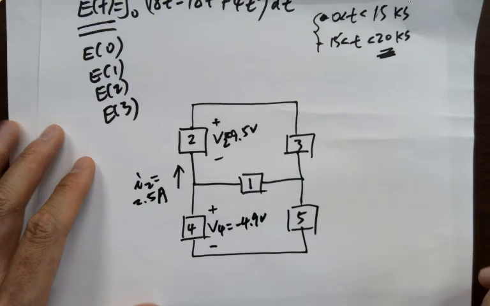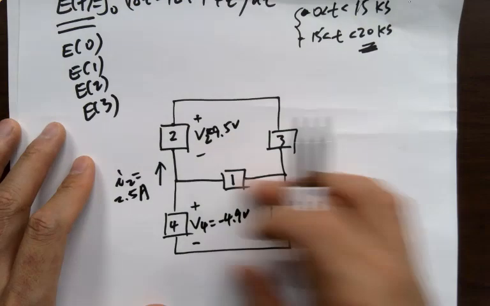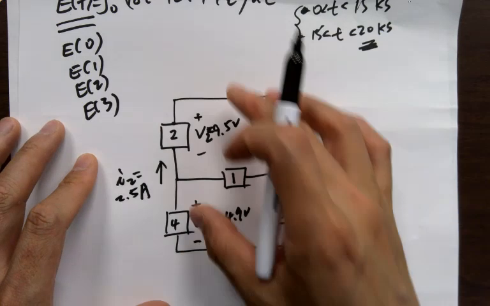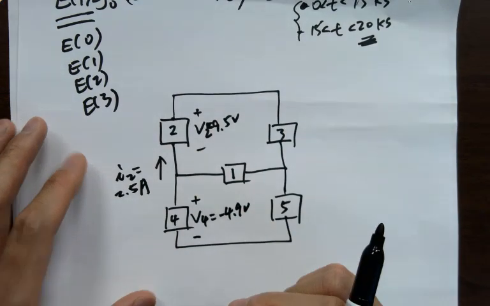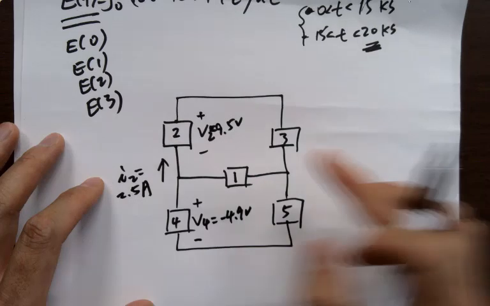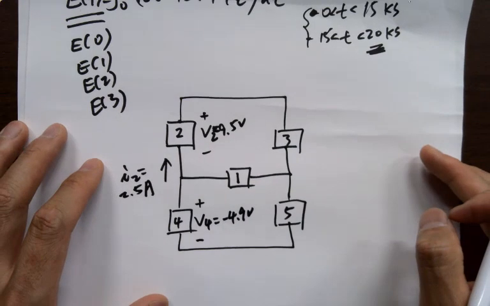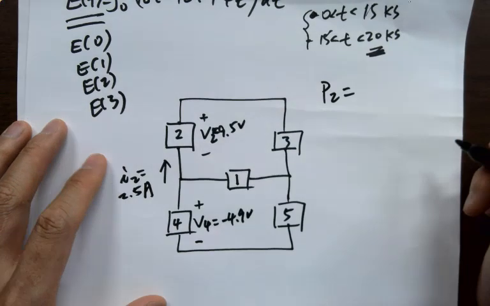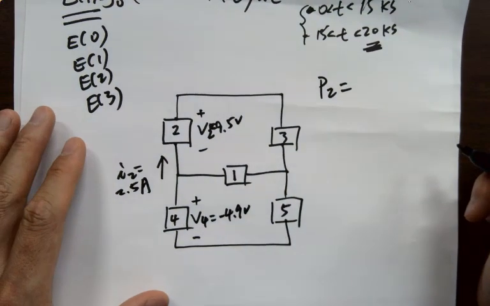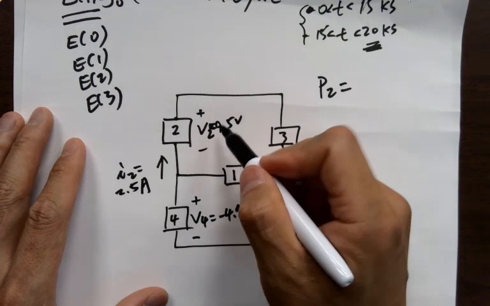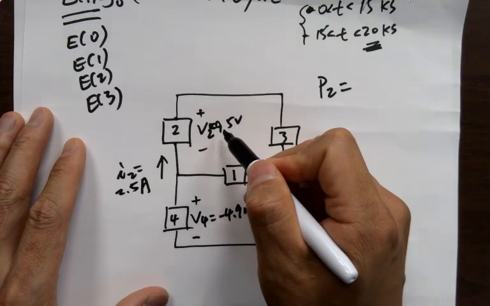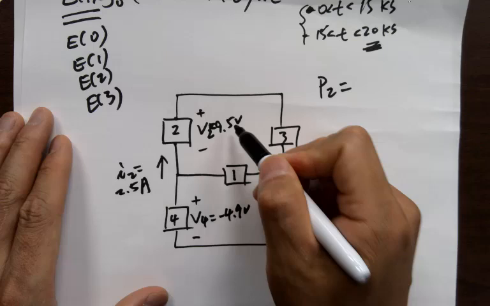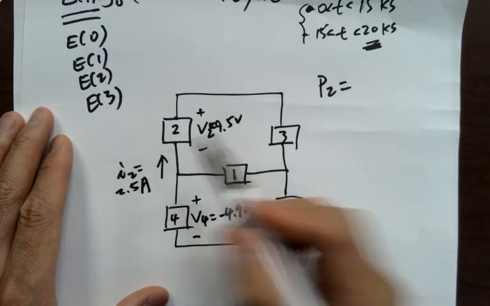Okay, let's calculate. I don't want to write everything down, there are too many of them, to save some time. So let's just look at this one, for example. We are doing the power balancing calculation for P2. What do you want to put in there? This is positive 9.5 volts, and you are getting a positive current, so we don't have to change anything.